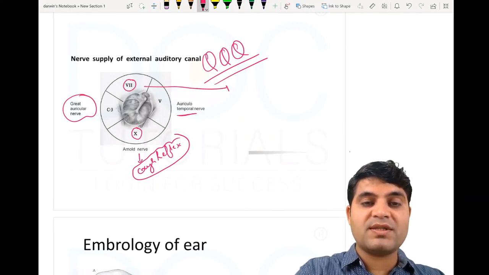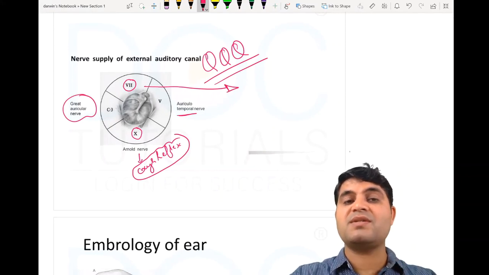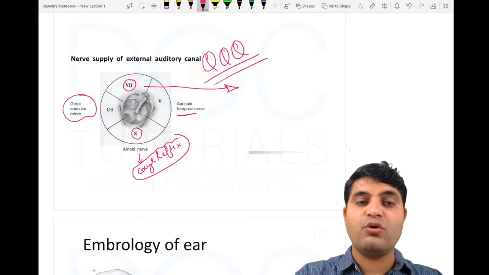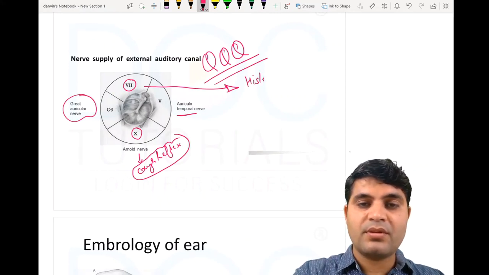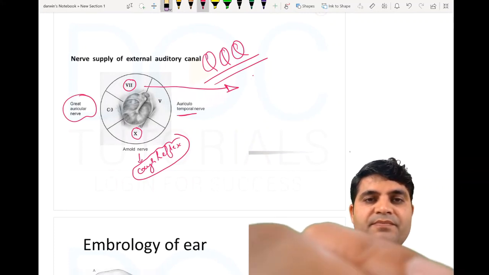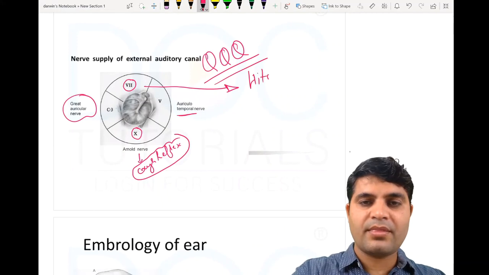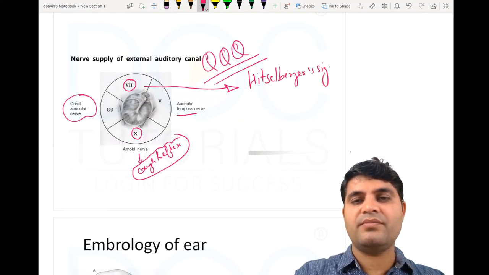Why? Because there is a sign that whenever we have an acoustic neuroma, posterior-superior sensations are lost over the pinna. So this is known as Hitselberger sign.